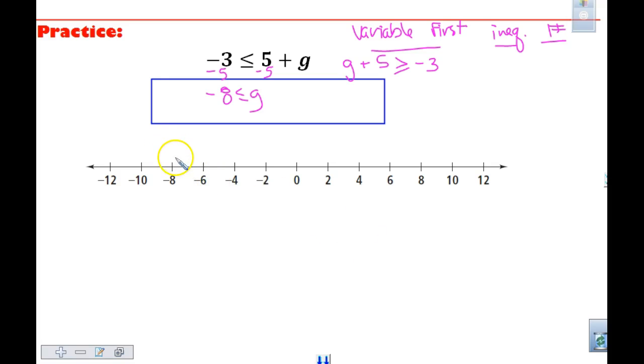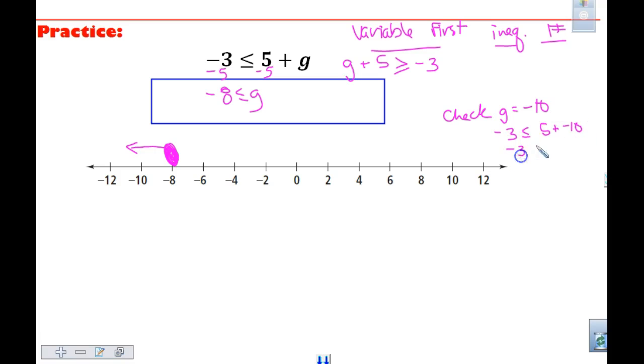Here's probably the most common mistake that students make. We know it's a closed circle at -8, right? And so now, when it's written like this, people will put this arrow. If you were going to check, like -10, so if I check this with -10, and I say g equals -10, then that means -3 is less or equal to 5 plus -10.